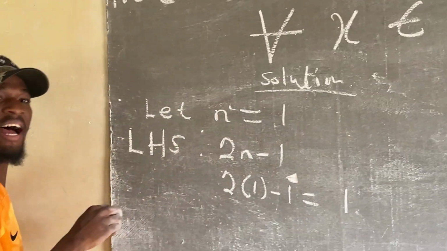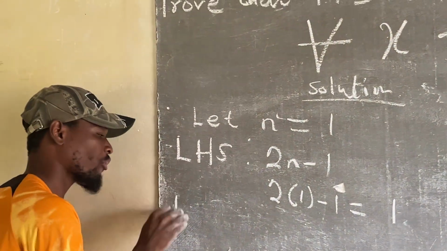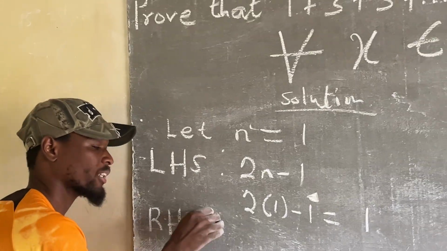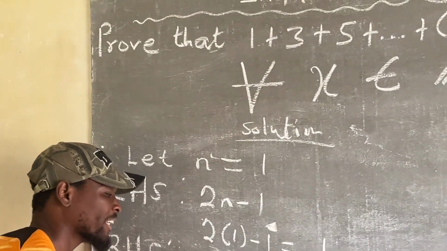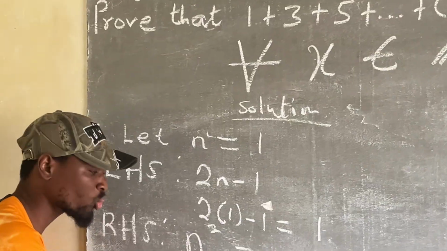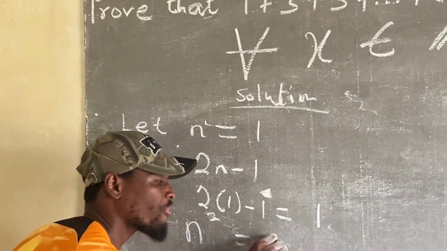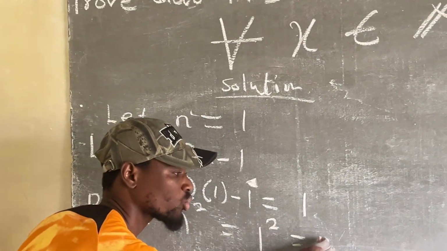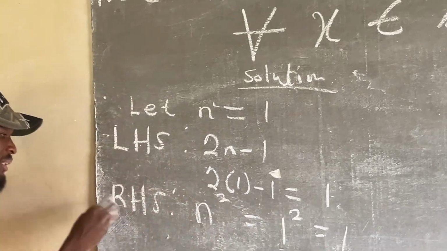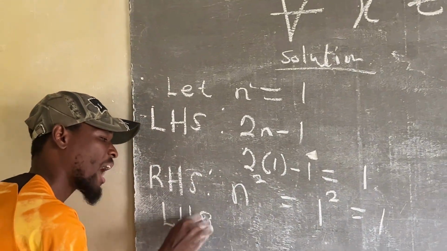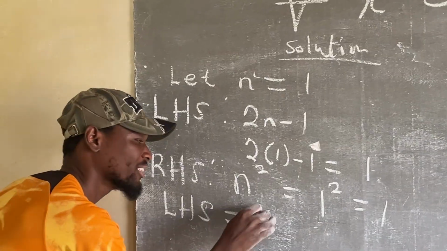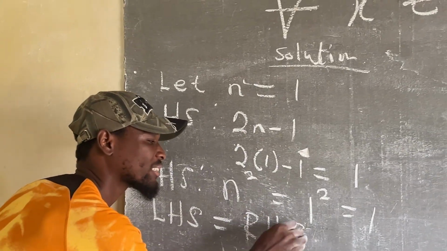Now let us consider the right hand side. So for the right hand side, what do we have? We have n squared, and you put 1 into this. So you have 1 squared, which is equal to 1. So we say that the left hand side is equal to the right hand side.